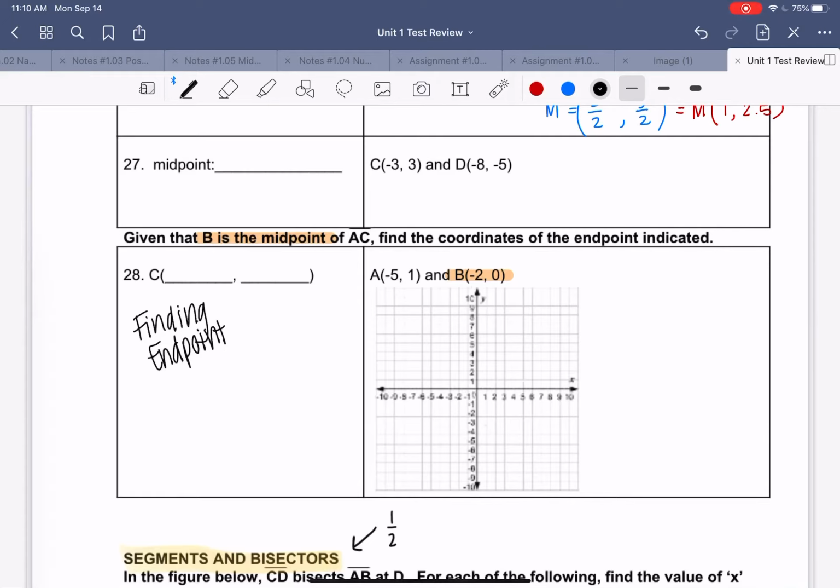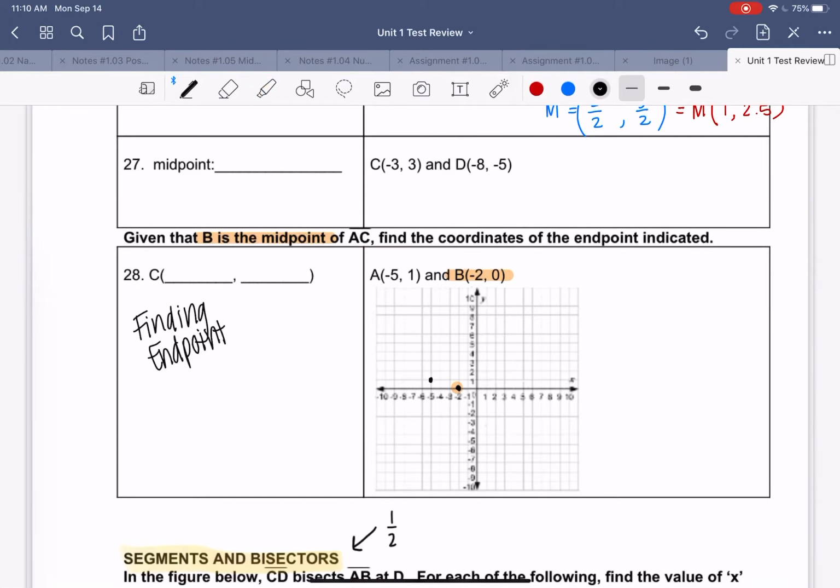So remember, when we're finding endpoint, there is a step that we can do. Okay, so we have to plot our points first. So we have -5, 1. B is -2, 0. Okay, and remember B is your midpoint, so I'm going to highlight it.